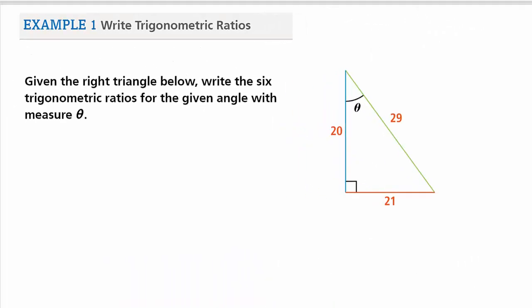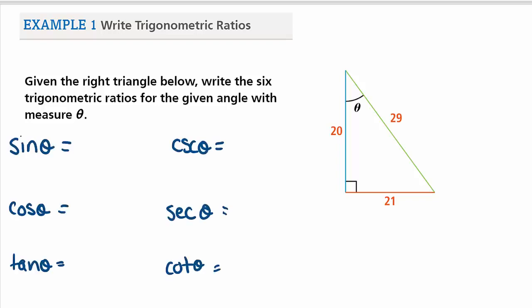On the right-hand side of example 1, we have a right angle triangle. An angle is identified by theta, and we're given the lengths of all 3 sides, so we actually don't need to solve the sides. The question is asking us to write down the 6 trigonometric ratios. We're going to start by writing the 6 ratios down.